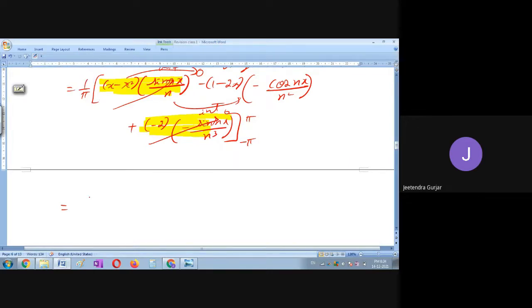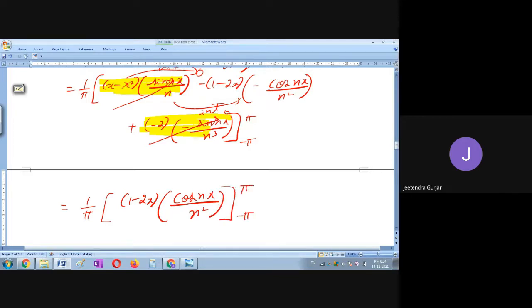So I will take like this. This is equal to 1 upon pi. Minus into minus is going to become plus, and 1 minus 2x cos nx upon n square in the interval minus pi to pi. So you should not waste more time on this. Just simplify this once quickly.